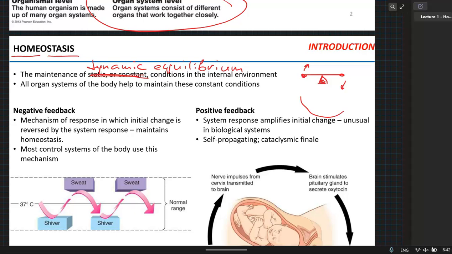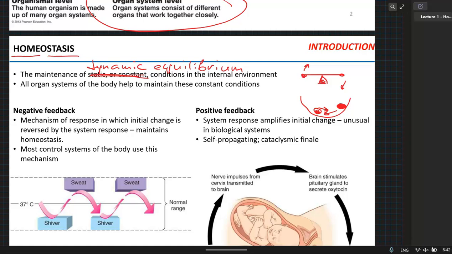I think that the analogy that works better is a little ball in a cup, okay? If you put it on the side, the ball's going to go down, right? But it's not going to go to the center. It will eventually go back and forth until it reaches that equilibrium point. And when you push the system out of the equilibrium, the system, quote unquote, attempts to return to it.